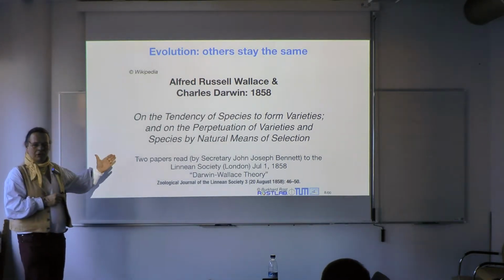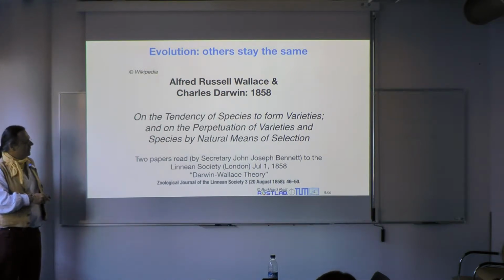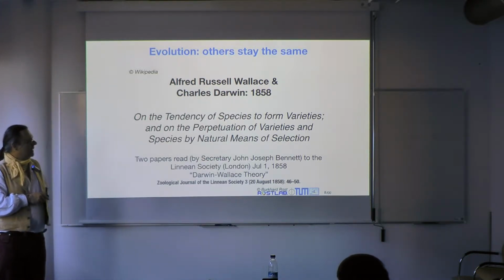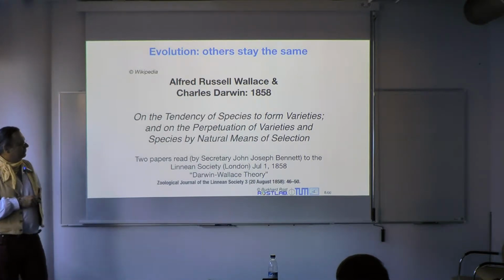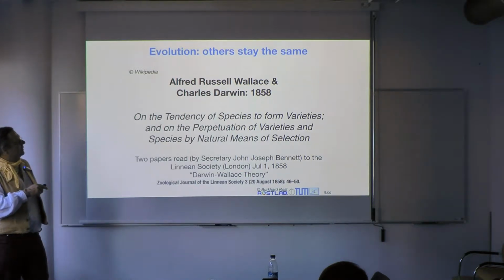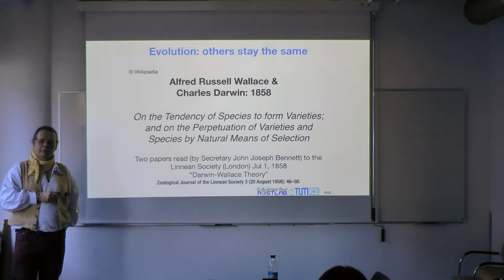So the publication of the original idea predates the publication of the book, and it was published in two papers that were read by the secretary of the Linnean Society in London, John Joseph Bennett, on July 1st in 1858. They in fact read two papers by two different authors, one being Alfred Russel Wallace, one being Charles Darwin. And that started what we all know as the Darwin-Wallace theory, right?